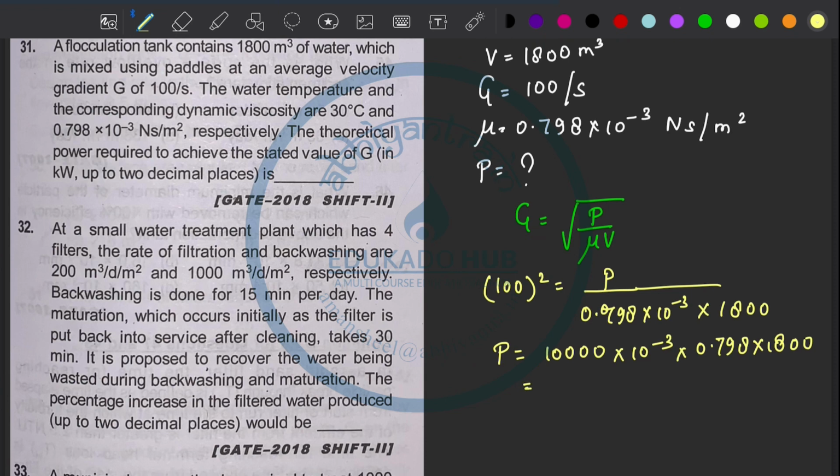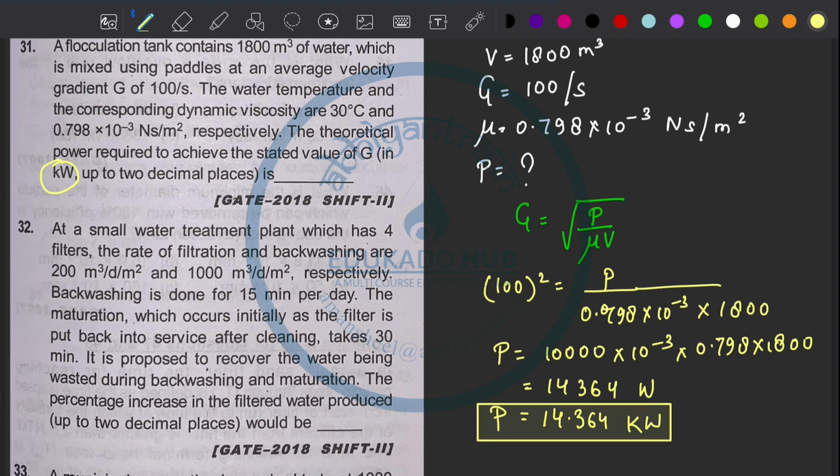So after calculating, the answer comes out to be 14,364 watts, and if we change it into kilowatts, because they are asking in kilowatts, it will be 14.364 kilowatts. This is the value of power, right? So the answer is 14.3, up to 2 decimal place, so 14.36.